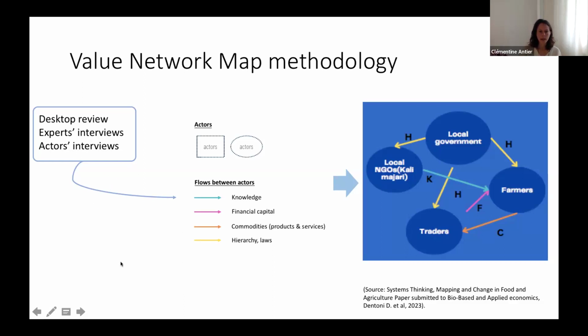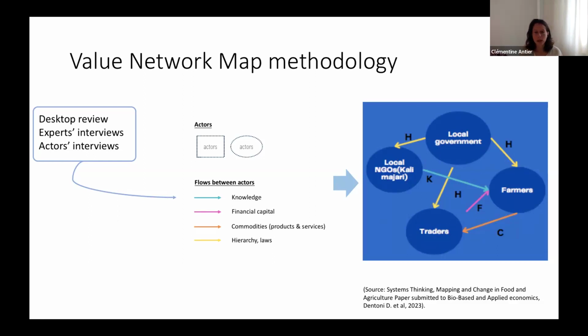And in the value network map, the actors are represented in different spots. And what is the additional information here is that the flows between actors are also identified.